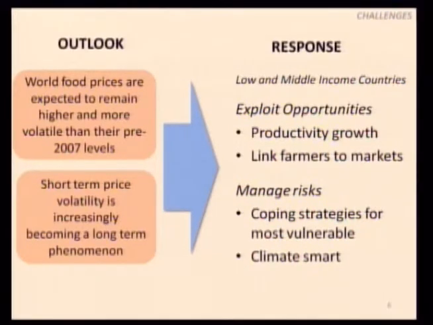The implication for a forward-looking response, as Peter suggested, is to focus on productivity growth as the primary entry point, linking farmers to markets, linking on the trade discussion, and then trying to do a more effective job at local coping strategies. So I'll touch a bit now on the instruments which have tried to implement this response in the near term.